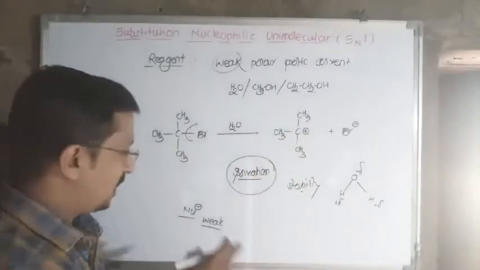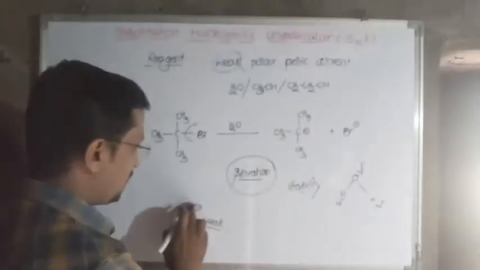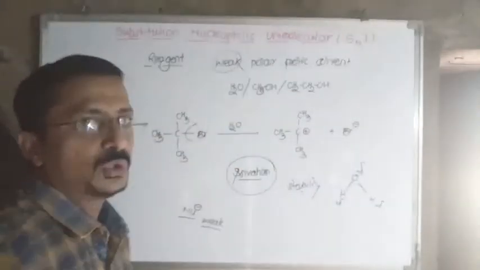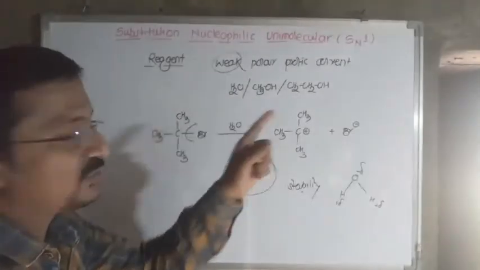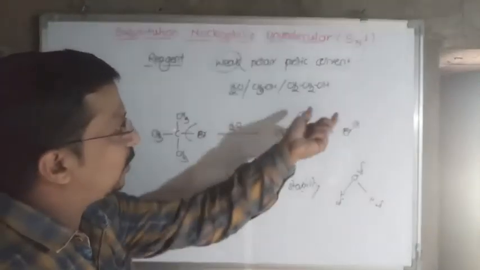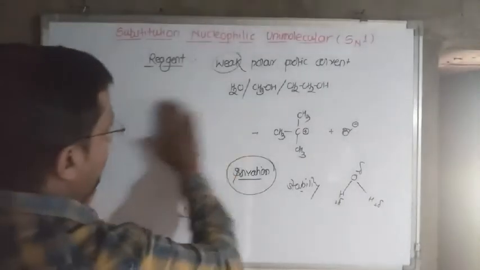Once the carbocation is formed, due to its positive charge, the nucleophile easily attacks it to give the final product. So that's why a weak polar protic solvent is used, like water, methyl alcohol, or ethyl alcohol. So this is overall about the factors that affect the rate of the SN1 reaction.